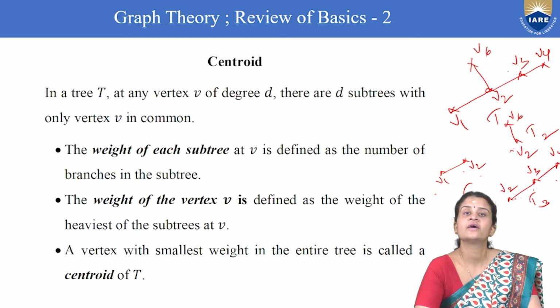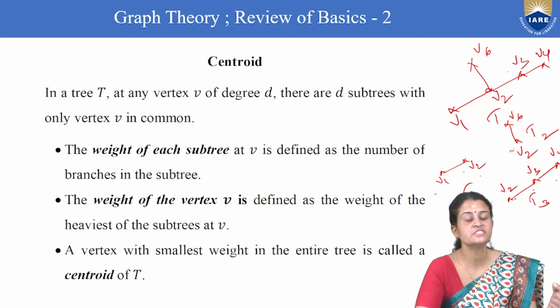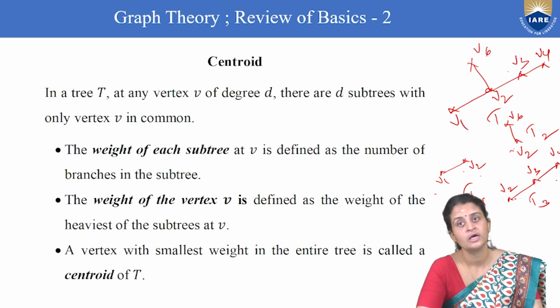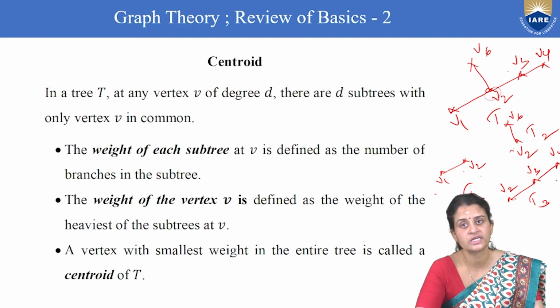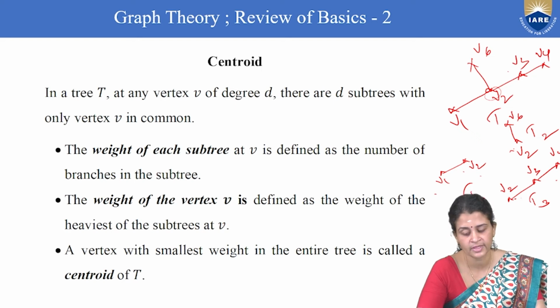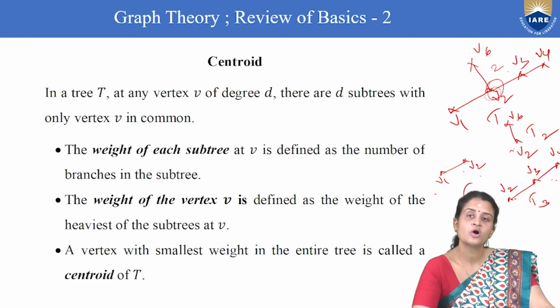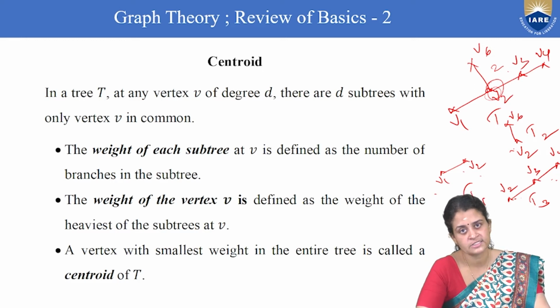The weight of the vertex V in the original tree is defined as the weight of the heaviest of the subtrees at V. So what is the heaviest of the subtrees here? Here it is with 2 branches. So the weight of this V2 in this graph is 2. The vertex with smallest weight in the entire tree is termed to be the centroid of T.